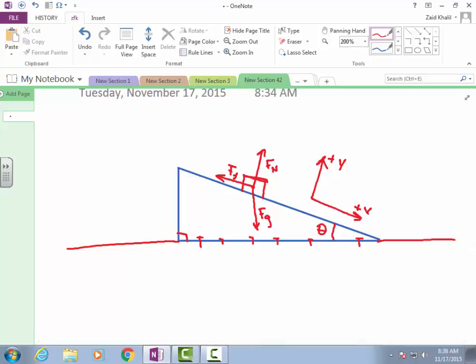It would be a non-inertial reference frame. Newton's laws would not be valid, because the plane itself would accelerate, which means your coordinate system would be accelerating, which means Newton's laws cannot be applied.